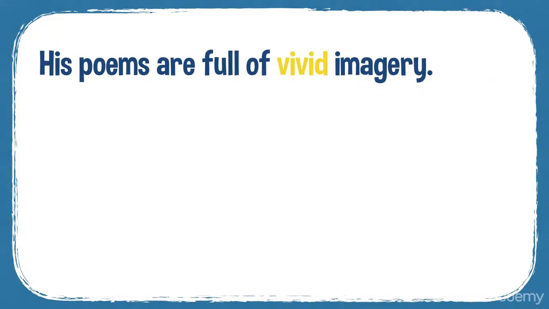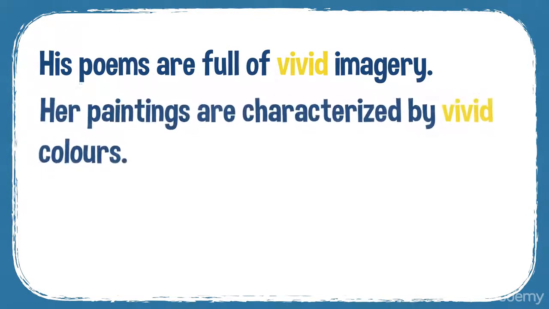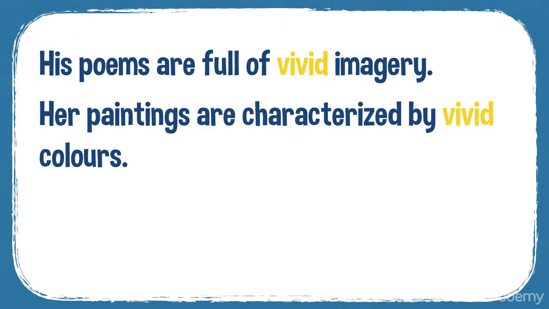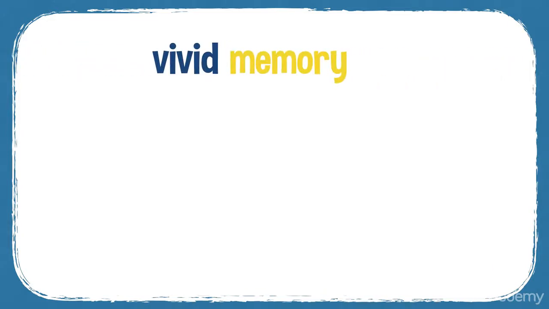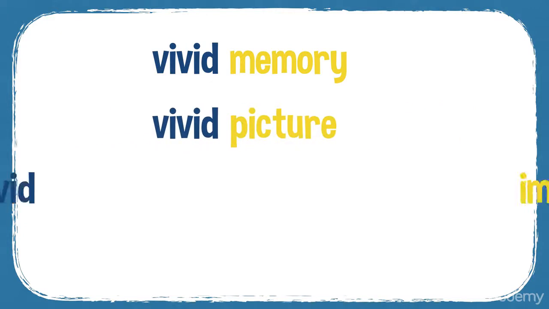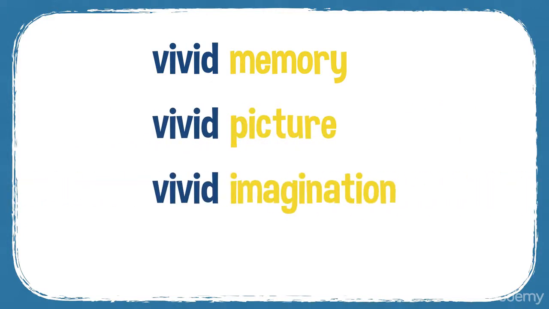His poems are full of vivid imagery, is one example sentence. Her paintings are characterised by vivid colours. To tell that story requires a vivid summary of day-to-day events. So it's a story where you have to have lots of details to make it vivid. Some typical collocations with vivid: vivid memory, vivid picture, vivid imagination.